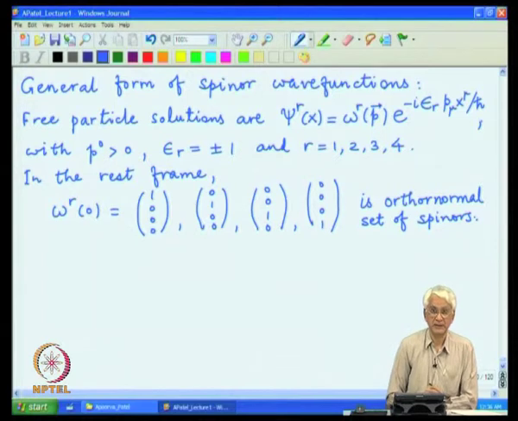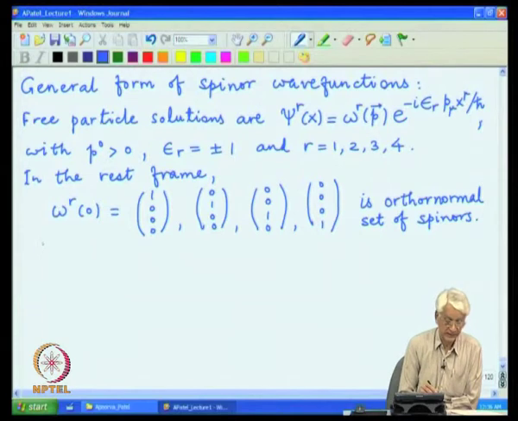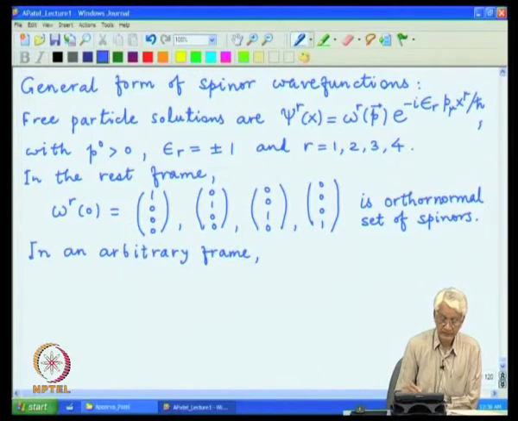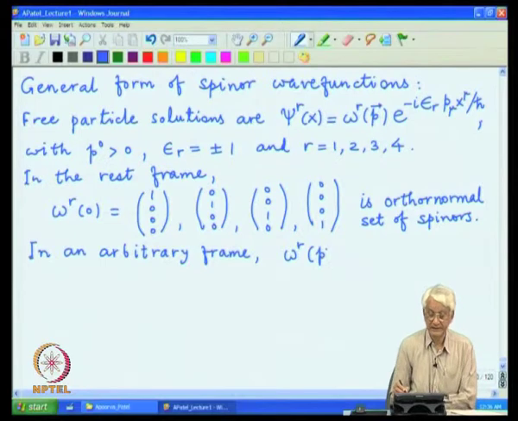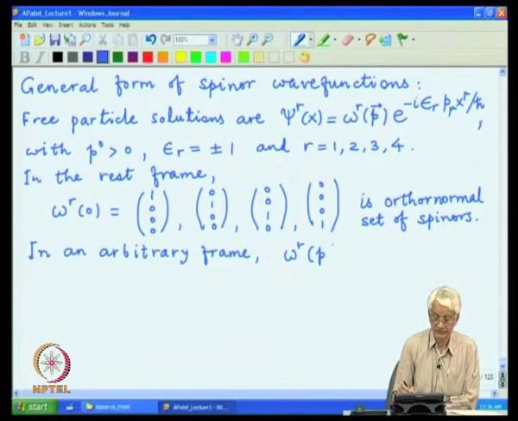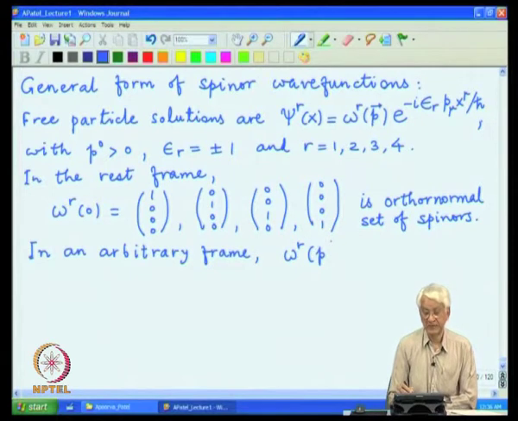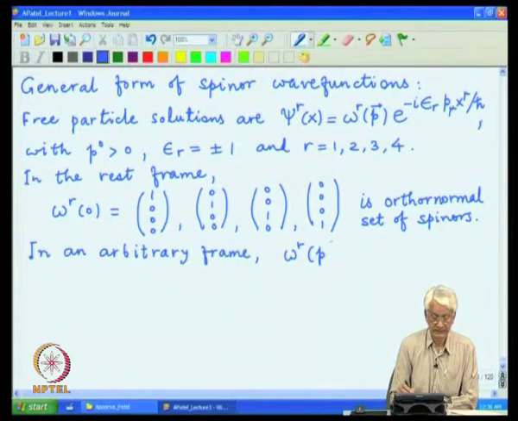So, it is quite convenient, it's just ones and zeros, nothing more complicated. And then in an arbitrary frame, we can obtain omega r with some p because of the conventions we have chosen, and the dispersion relation of the wave p 0 is always the positive square root of p square plus m square.